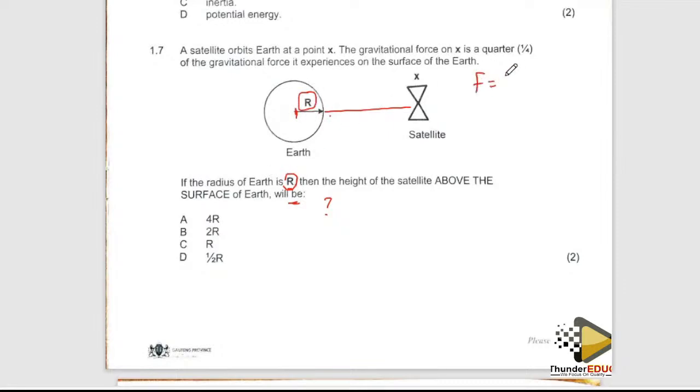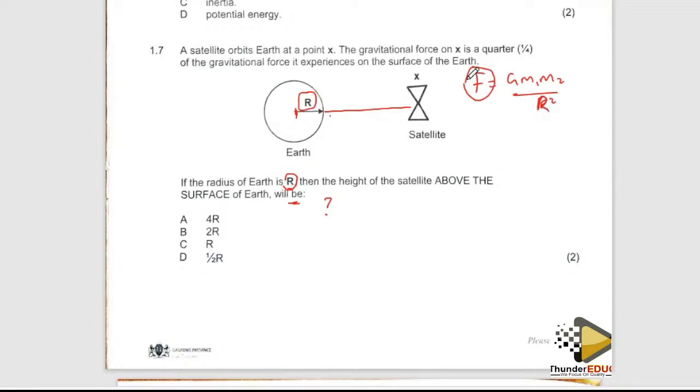So remember from our F, we have G m1 m2 over r squared. They told us that at this point, the gravitational force on X is a quarter of the gravitational force it experiences on the surface. Does it make sense? So if this is the force it experiences at the surface, this is going to be r squared.